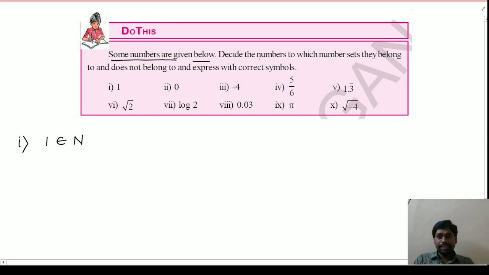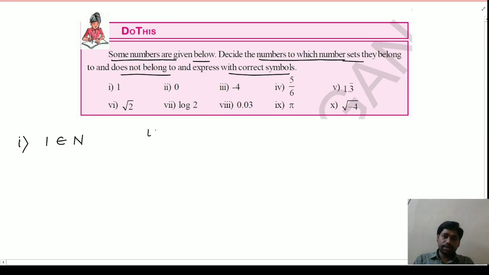Decide which number set each number belongs to or does not belong to, and express it with the correct symbol. So the first one belongs to the natural numbers.